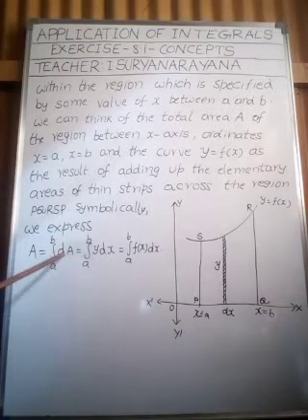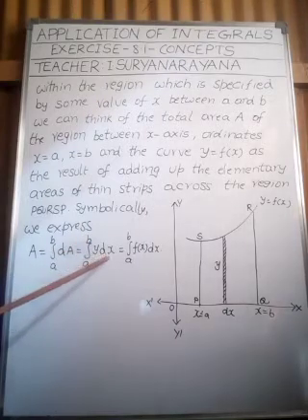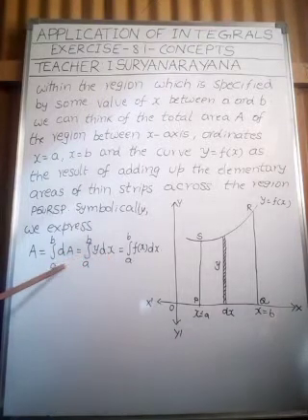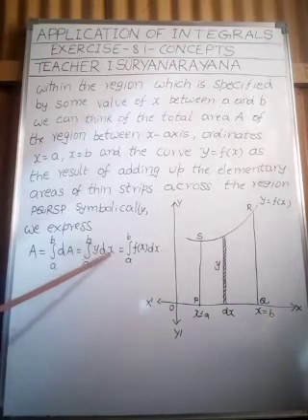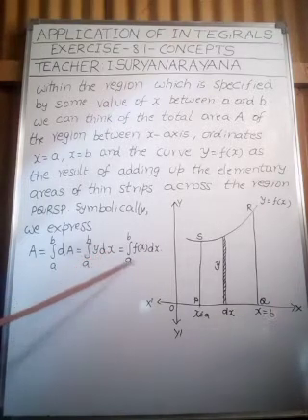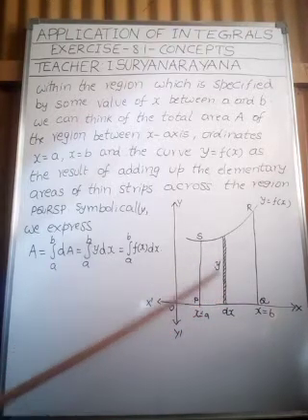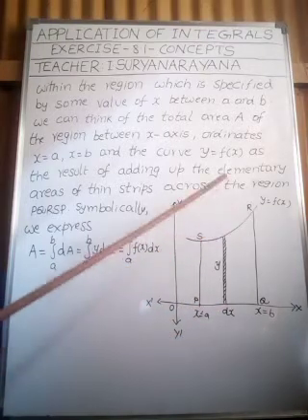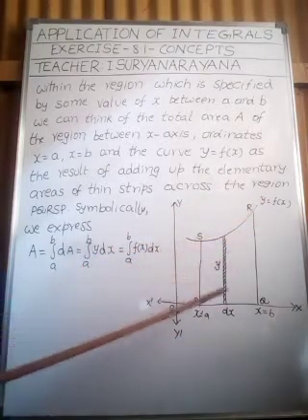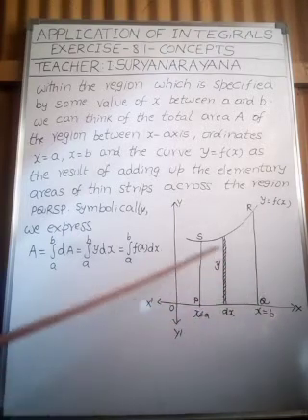Symbolically, we express capital letter A is equal to integral a to b dA, that is equal to integral a to b y dx. Previously, we have defined dA means y into dx. Yes or no, my children? Length into breadth. So, sum of all these areas of these vertical strips, then we get the area of this entire region bounded by the curve y is equal to f of x and the x-axis and the ordinates x is equal to a and x is equal to b.